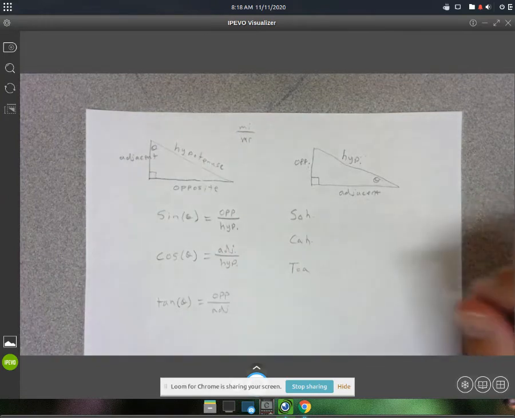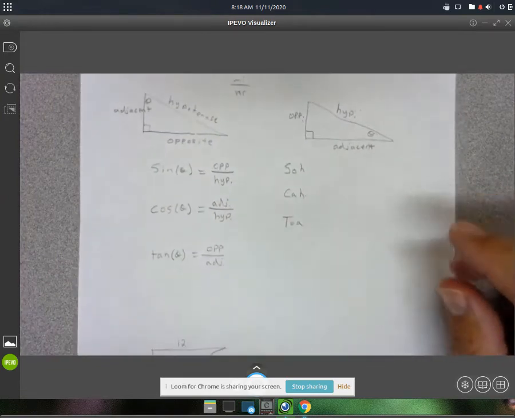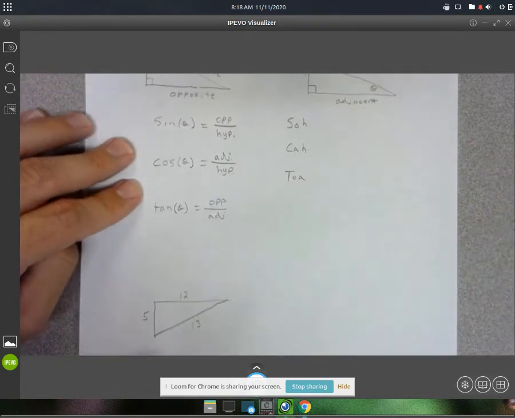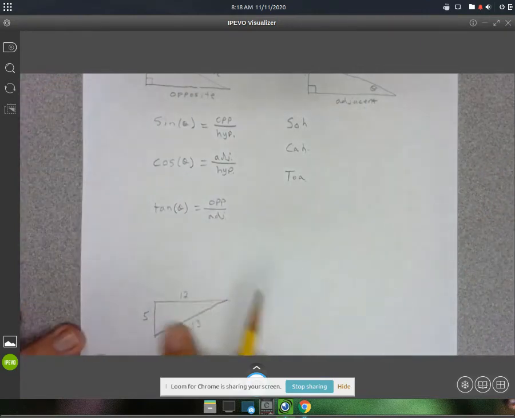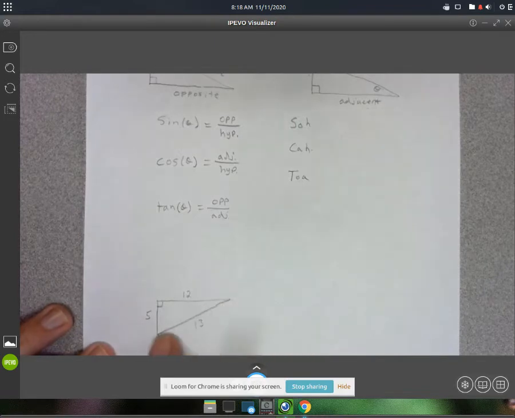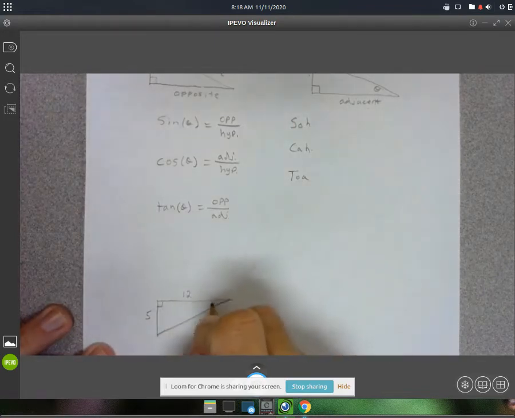We're going to use these trig ratios to find sine, cosine, and tangent for this right triangle. Here's my right angle, 13 is my hypotenuse, and I haven't defined a theta yet. I'm just going to use this smaller angle over here, and I'll call it x.